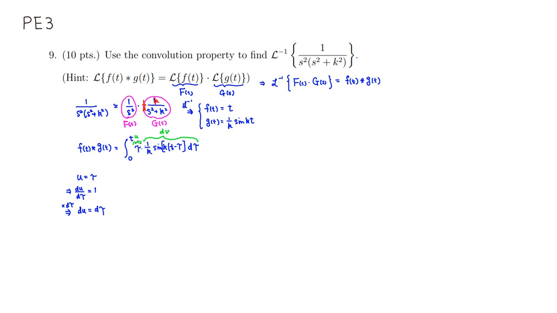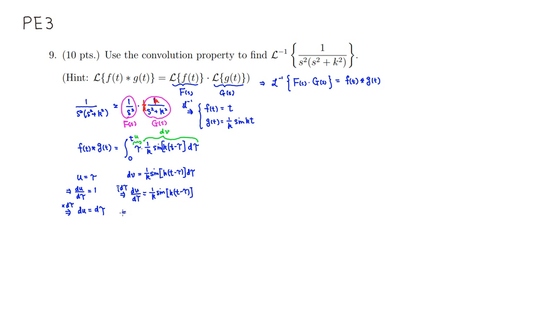Then dv is 1 over k sine of k times t minus tau, d tau. Dividing through by d tau, dv over d tau is 1 over k sine of k times t minus tau.